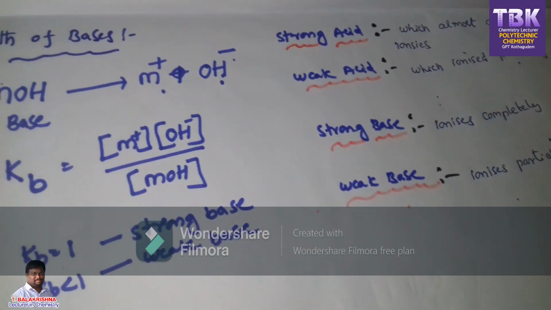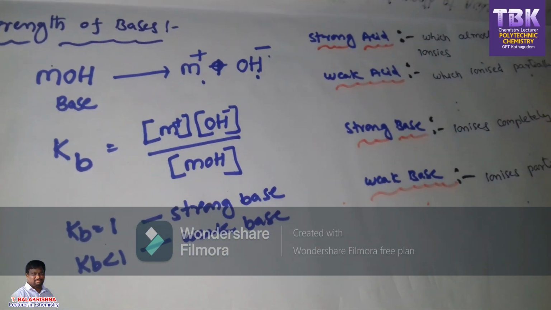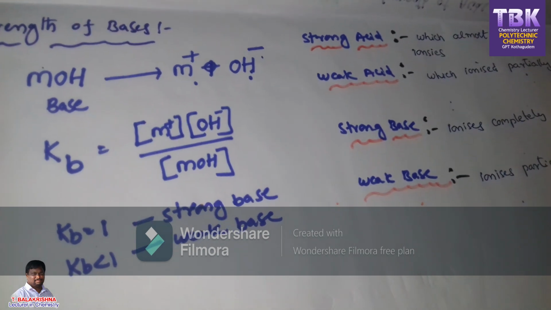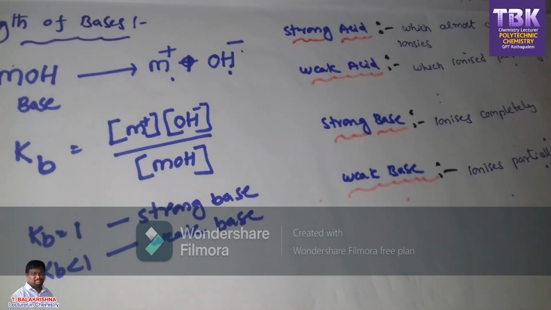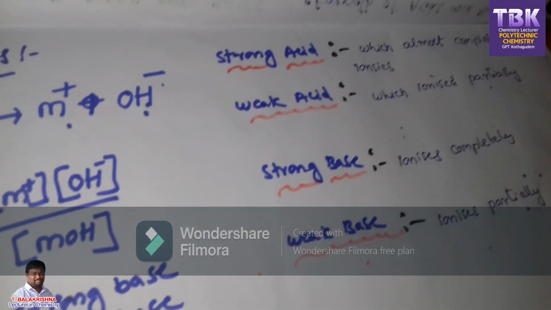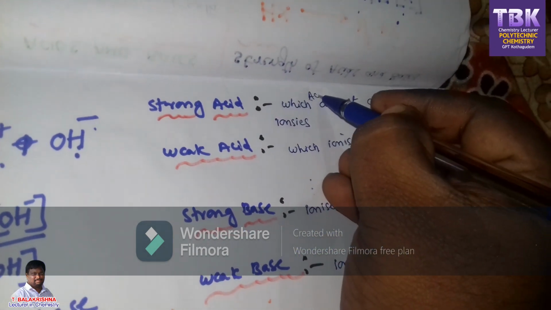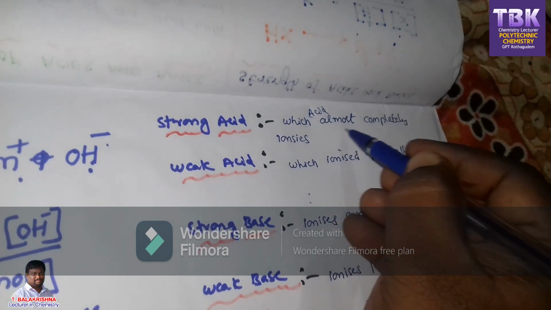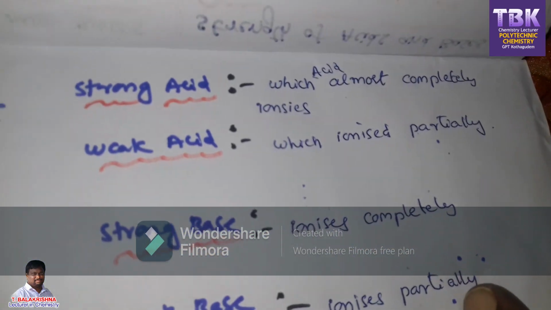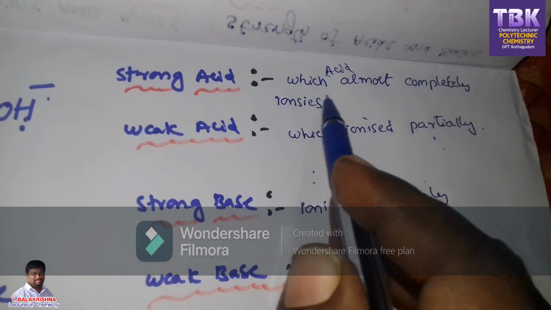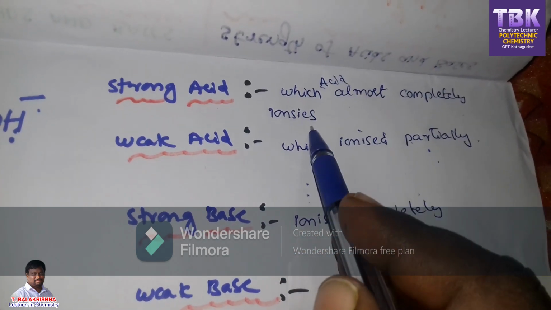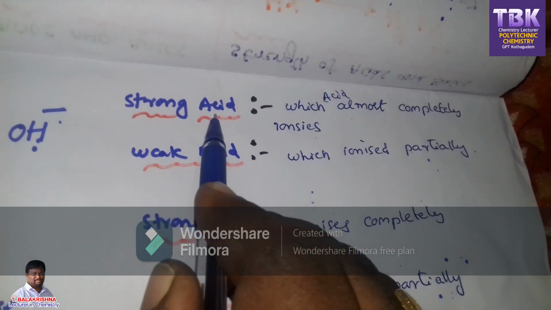Depending upon the rate of ionization, the strength of an acid is defined as follows. The acid which is almost completely ionized is called a strong acid.